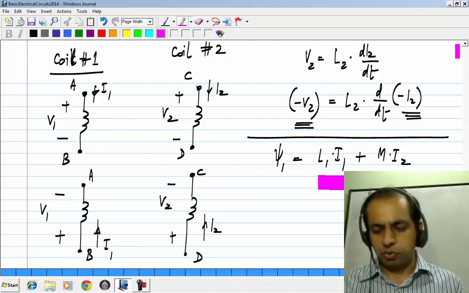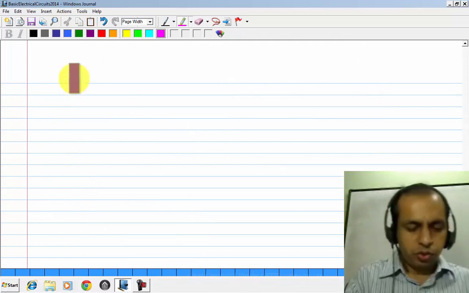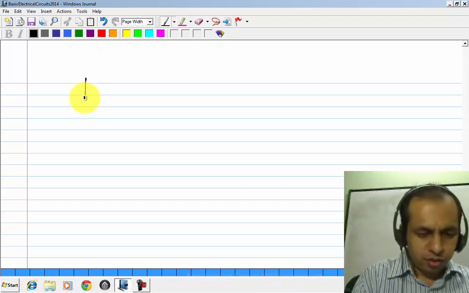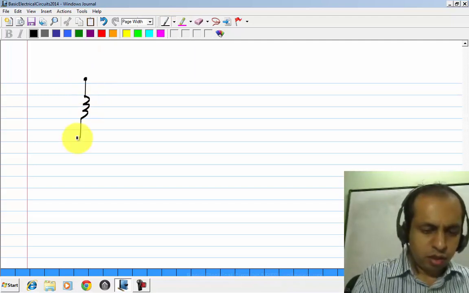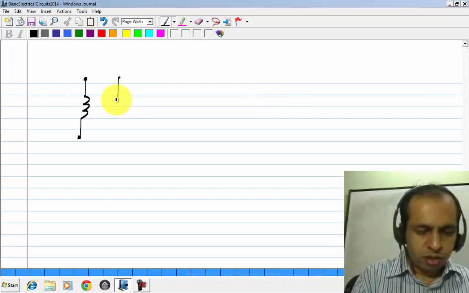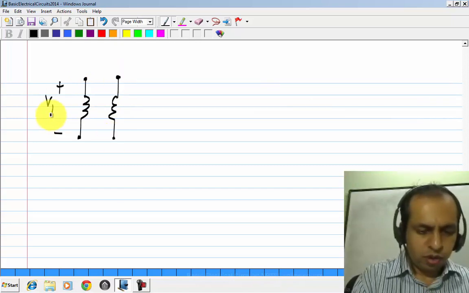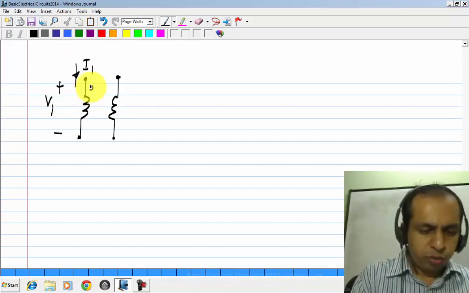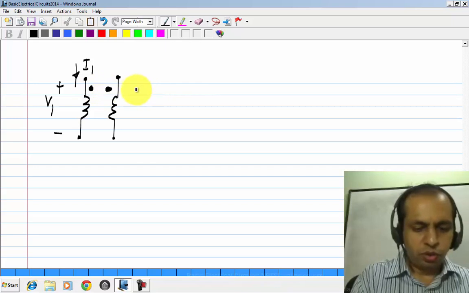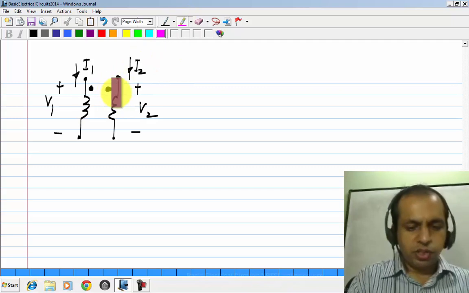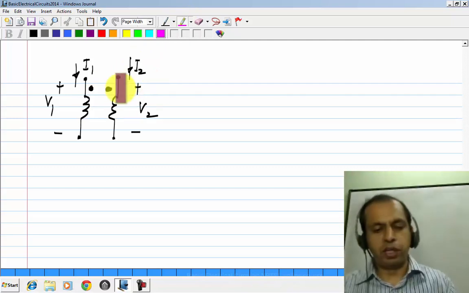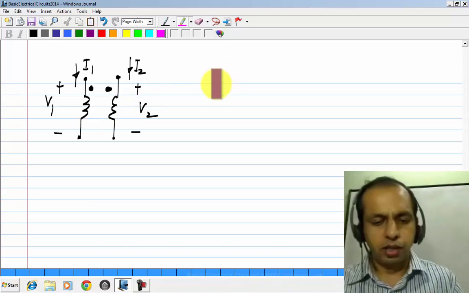So, to remove this ambiguity, when you have a mutual inductor, let us say you have V1 and I1, you place dots next to the coils, and you have V2 and I2. These dots are there so that the sign ambiguity in the mutual coupling is removed.